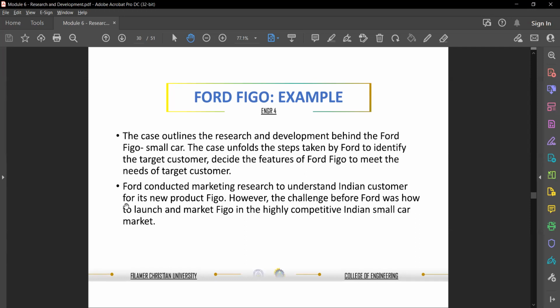Yeah. So dito, nakamonopolize ata yung isang car manufacturer sa India. Yan. So ito yung parang naging challenge ng Ford. So paano sila magiging highly competitive sa bansa ng India.